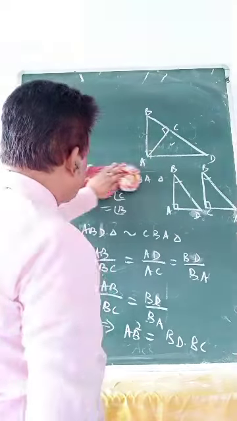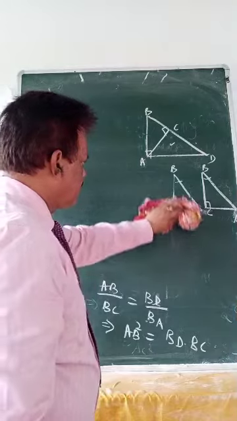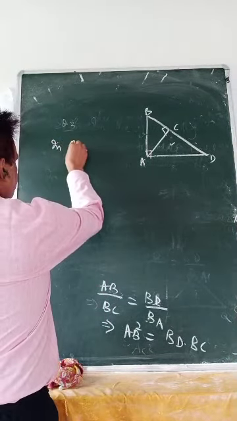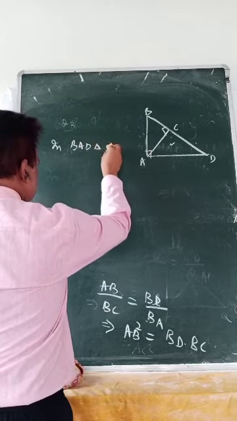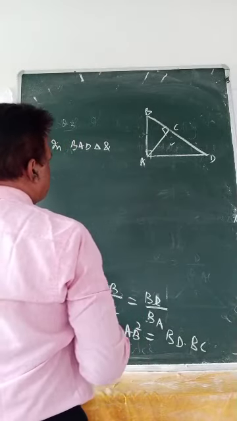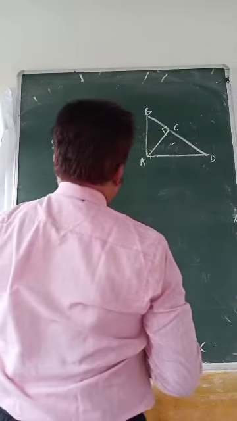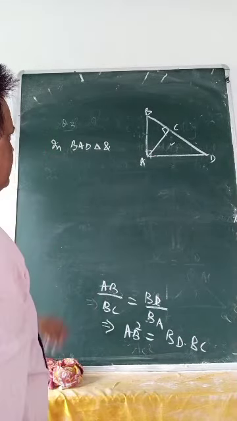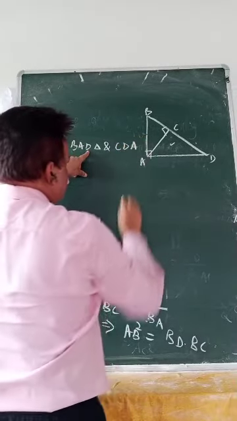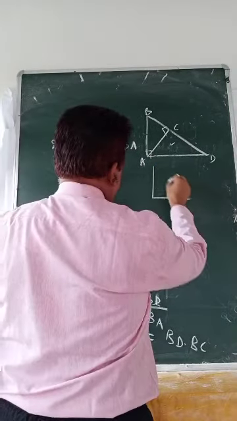Taking BAD triangle and which angle? D is common, CDA triangle. So you can see the diagram here.